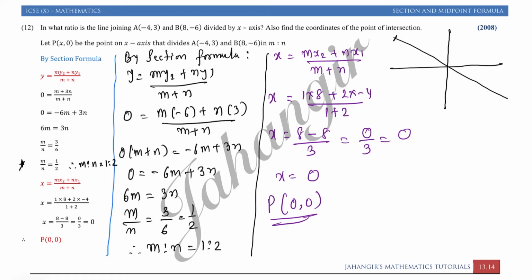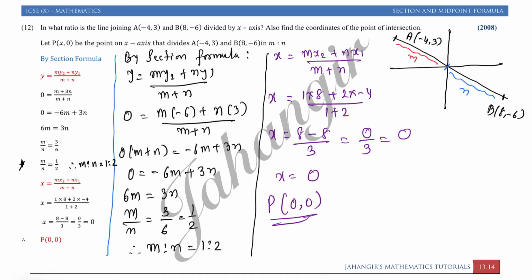Here we have A, that is minus 4 comma 3. B is 8 comma minus 6. The upper part is m. This part is m. And this part is n.